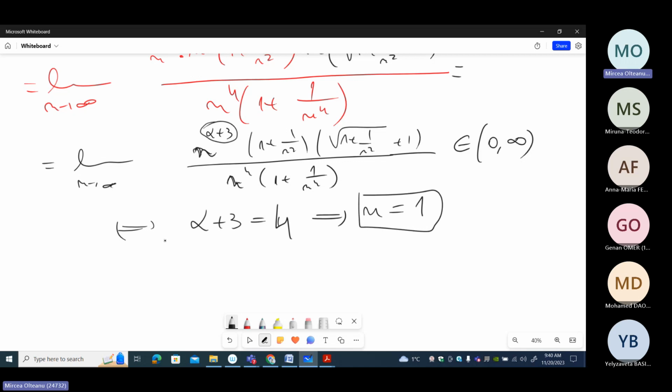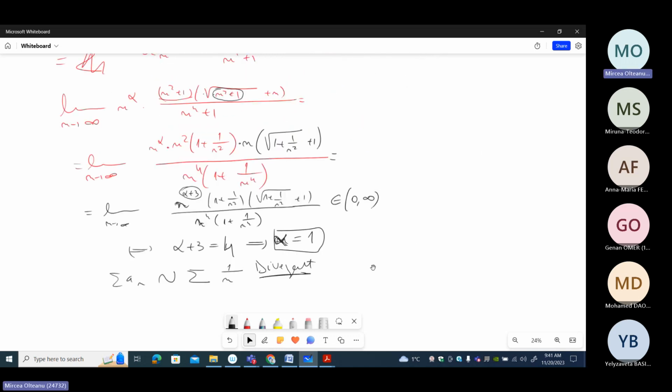So our series has the same nature as the Riemann series with alpha. Sorry, here alpha is not n. Yes, alpha equals 1. So that means the series sum of 1 over n, which according to the Riemann series is divergent. Actually, this is the harmonic series. It's divergent. We must know that this is divergent. So our series is divergent.